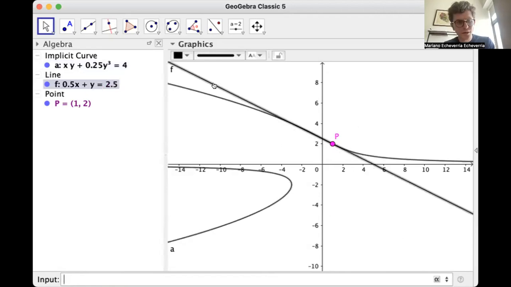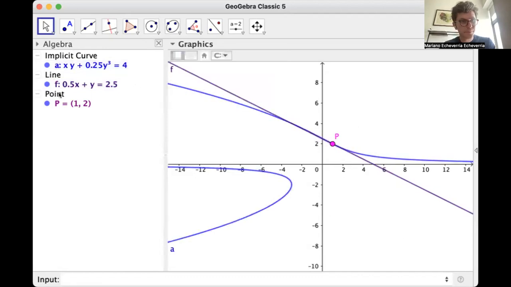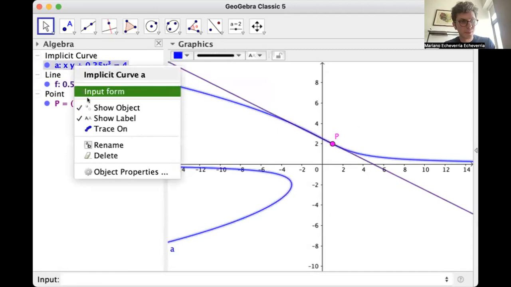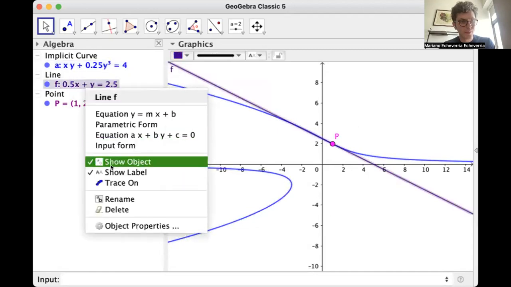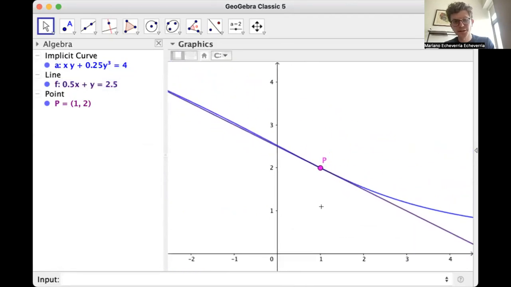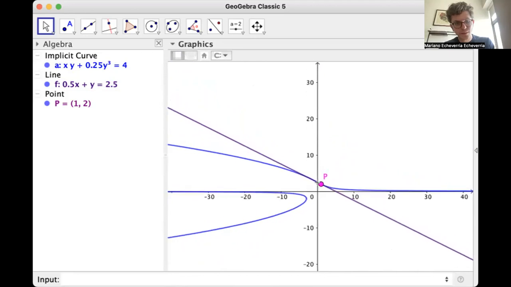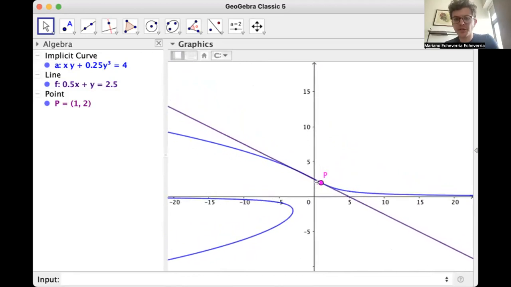Let me put a different color, purple, and make the curve blue. So you see, it does look like the tangent line at this point. So it does work.